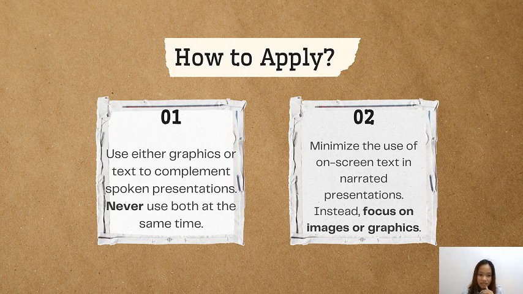This principle suggests that we could go away from that typical way of doing presentations. Instead of text, we could use graphics or images, and then we could narrate, with the narration accompanying the graphics on the screen.